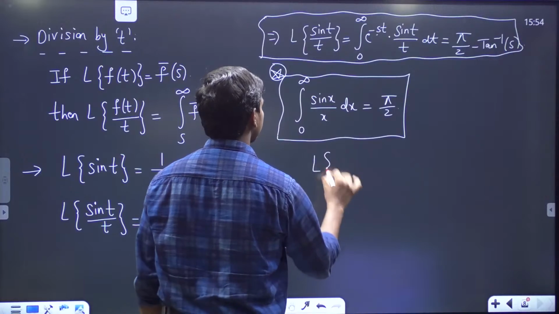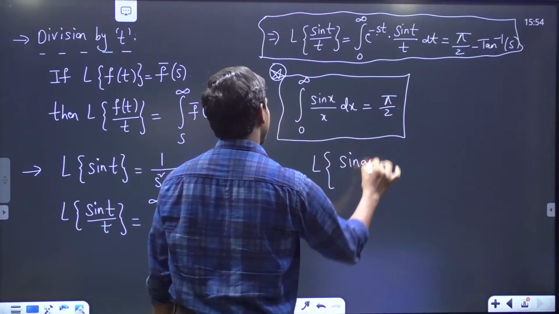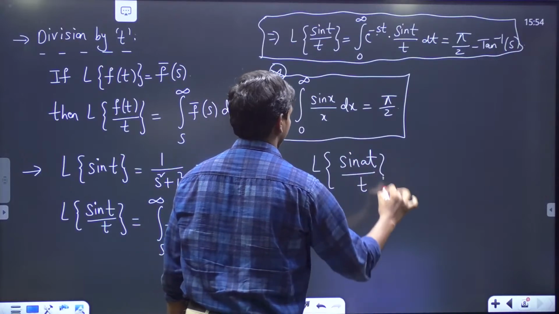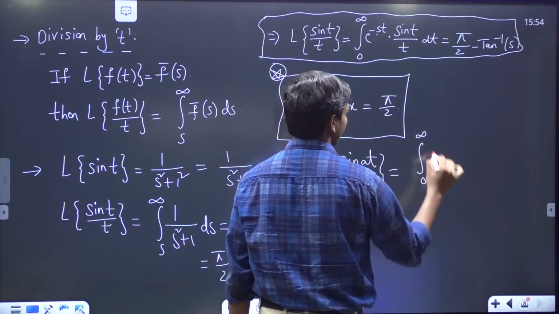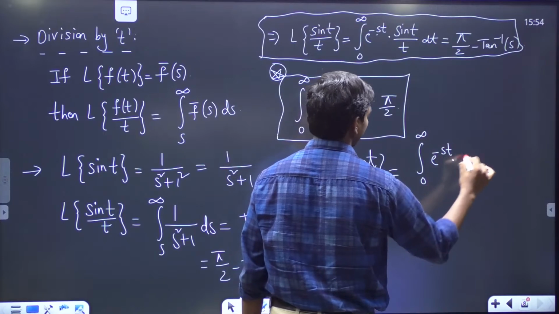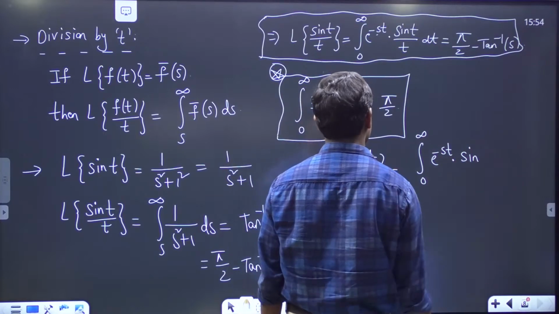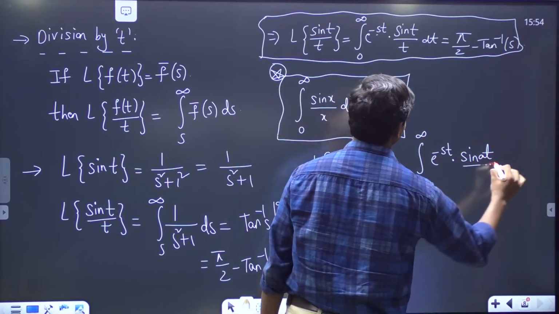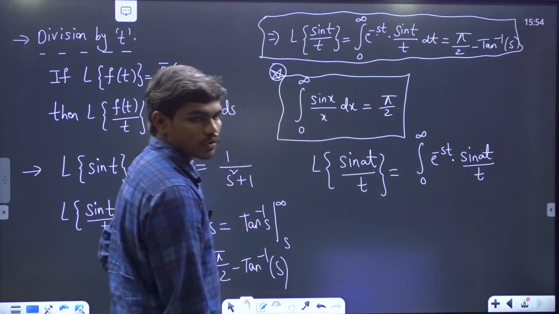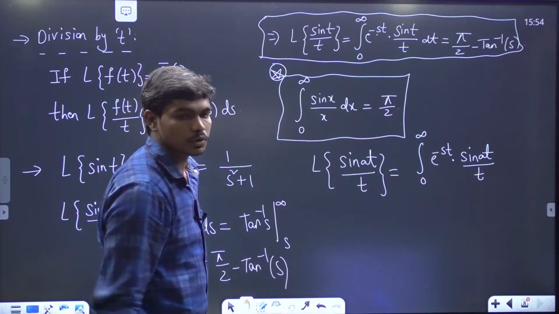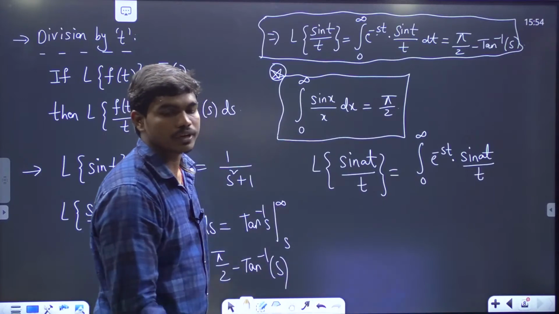What I'm asking you is Laplace of sin at by t, this value, which means integral 0 to infinity e power minus st into sin at divided by t. Could you tell me something about this value? I'll give you 2 minutes.